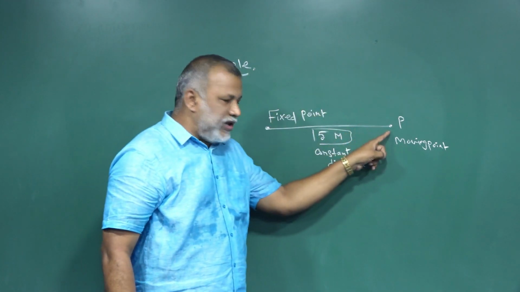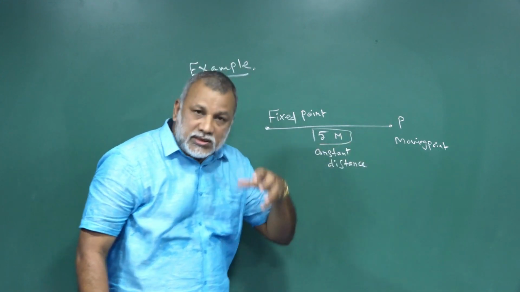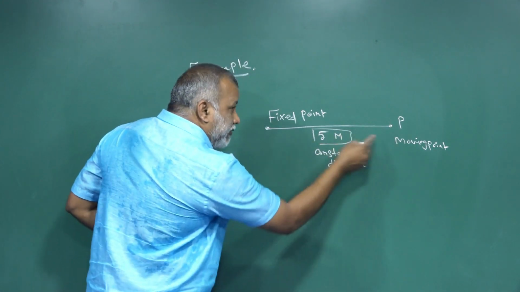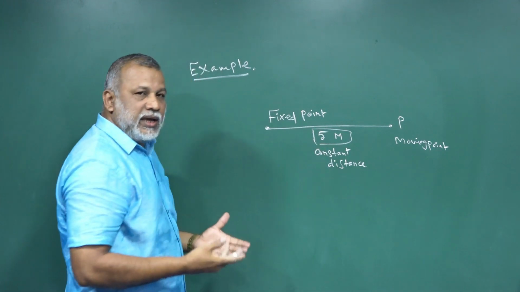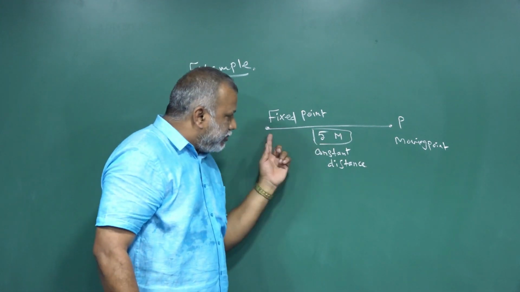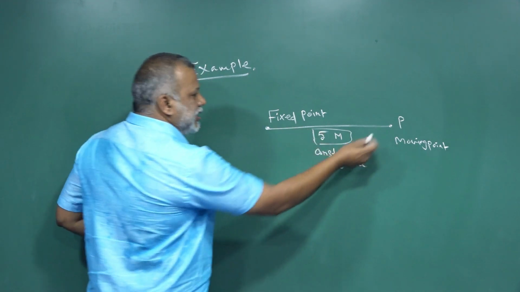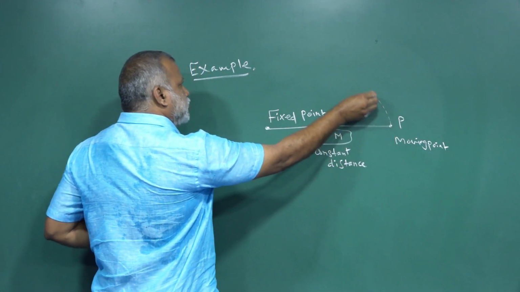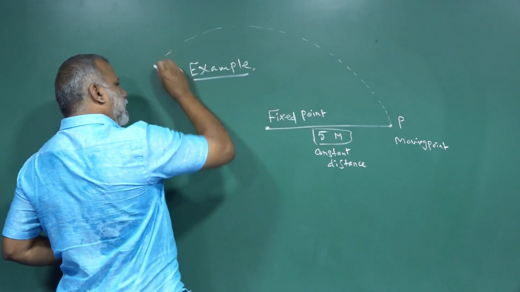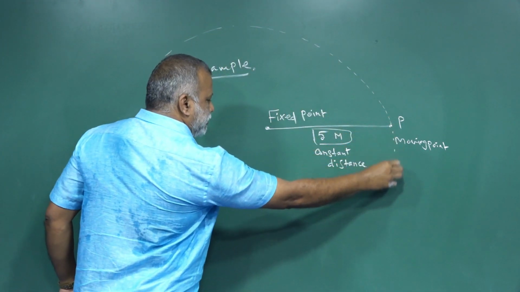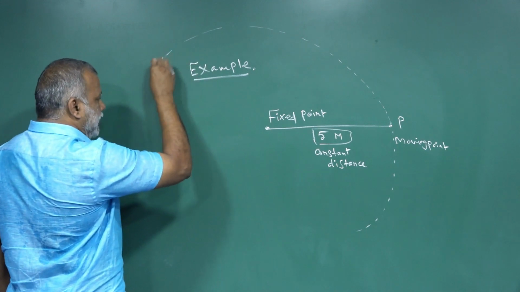It is a moving point. This point starts to move, it will obey the condition. What is the given condition? From this fixed point, it is always maintaining a 5 meter distance. Now this point starts to move. It will form a circle.